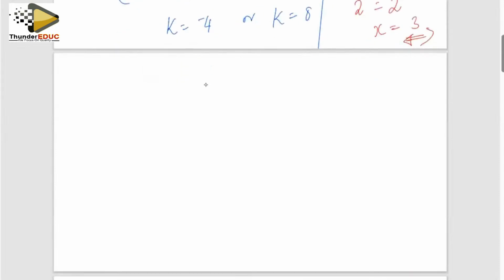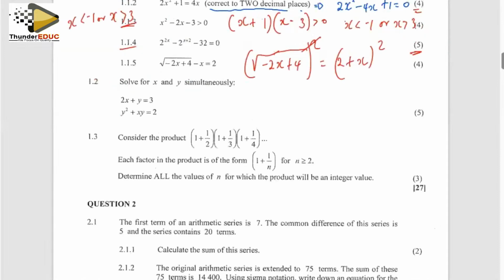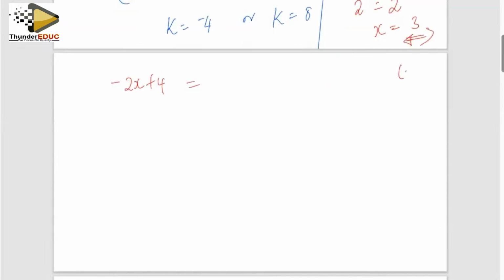Let me just put it aside. Negative 2x plus 4 is equal to x plus 2 squared. So x plus 2 squared, that's going to be x squared plus 4x plus 4. Then I can create a standard equation. Let me move everything to the right-hand side.